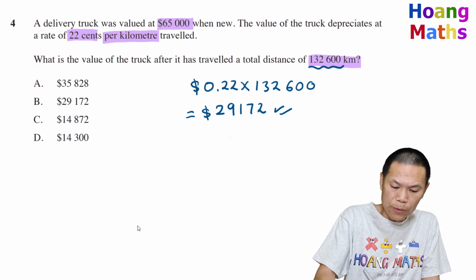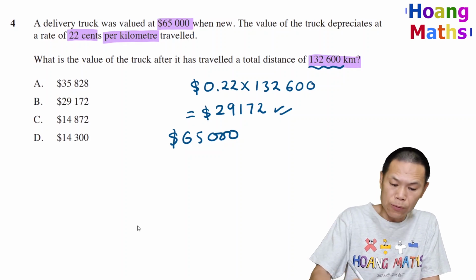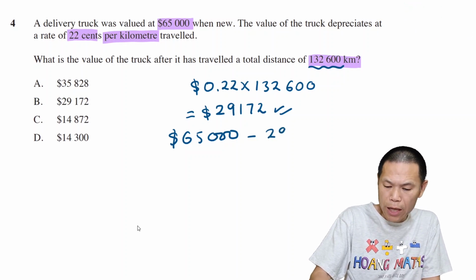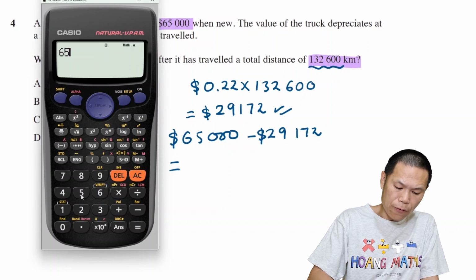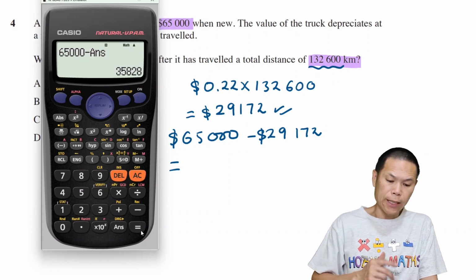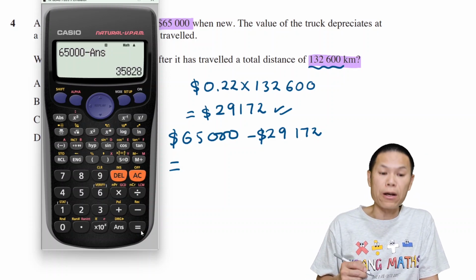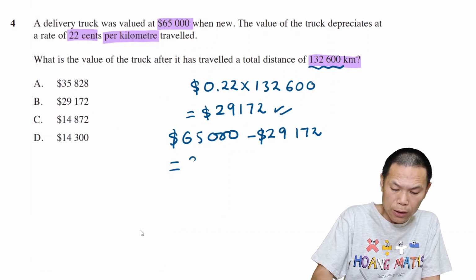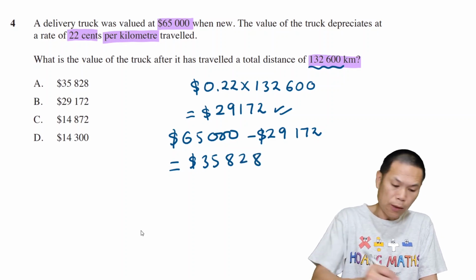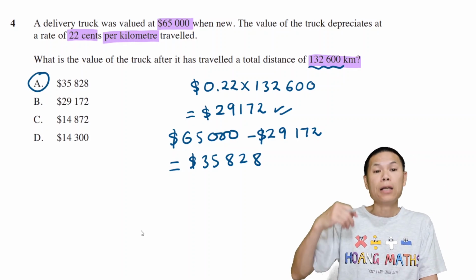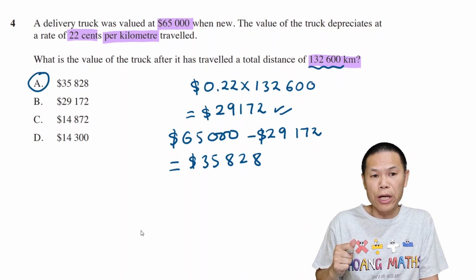So we just go 65,000 minus 29,172. So that should give me $35,828. So the answer should be I. That is the value after the depreciation.